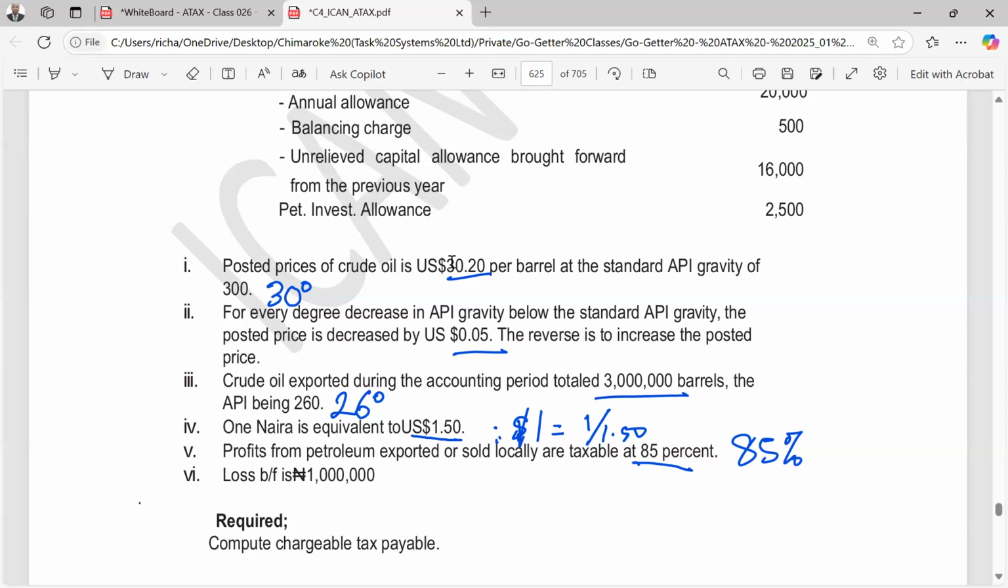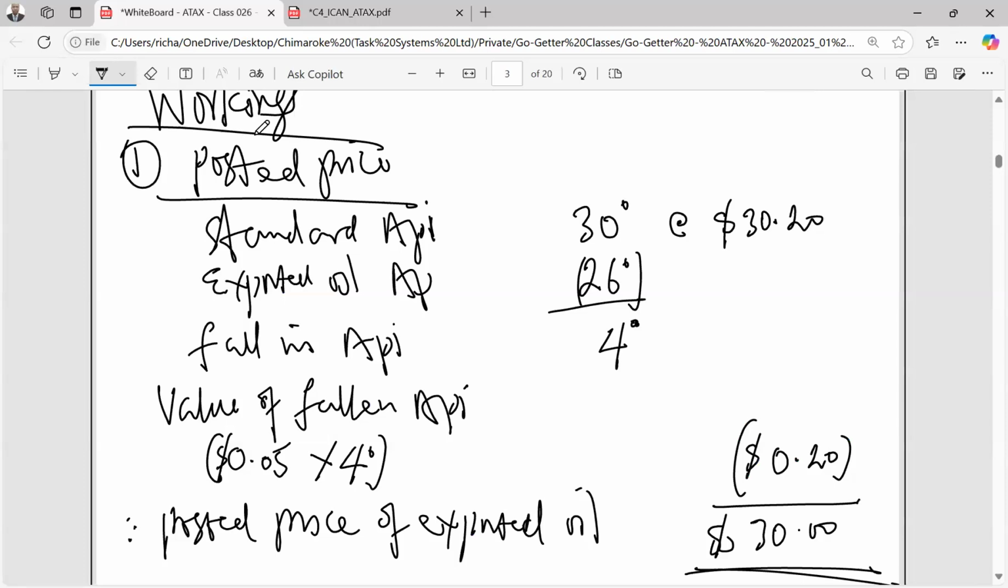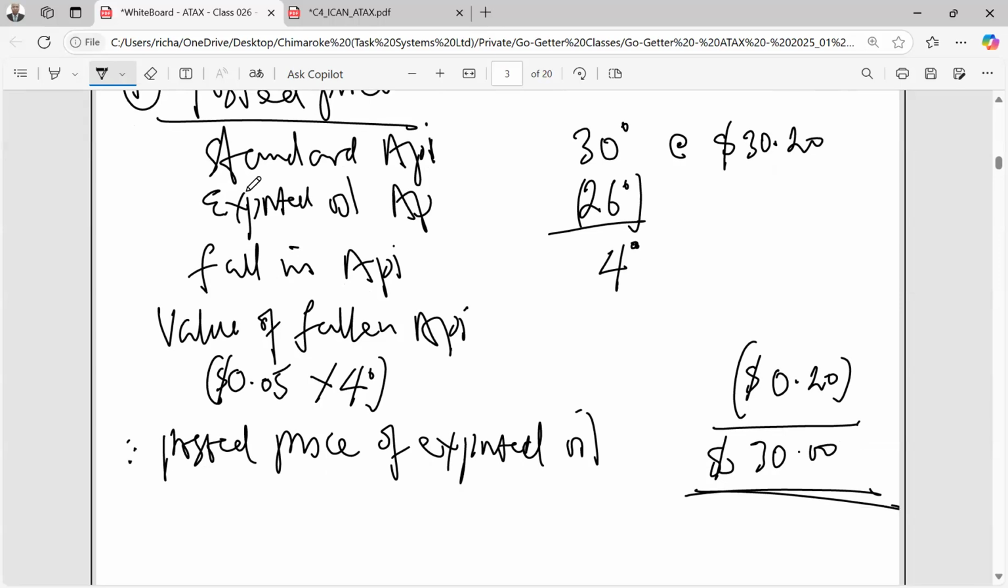That's the principle. So there is not just a formula where we will say posted price is equal to standard price. If you want to create a formula, you can create one, but there is no formula.